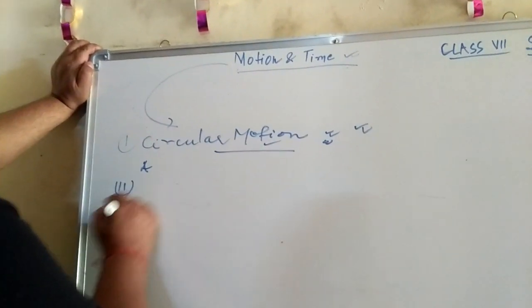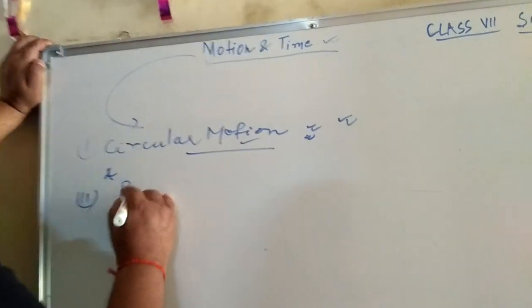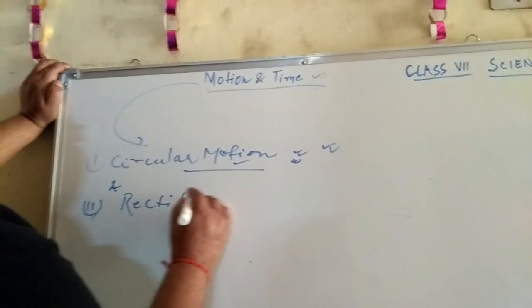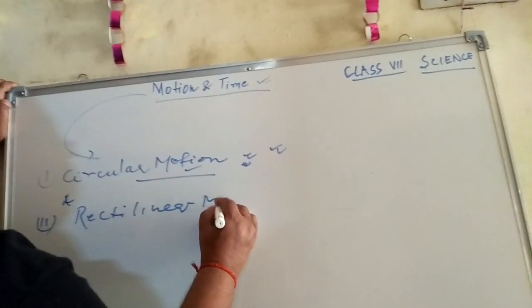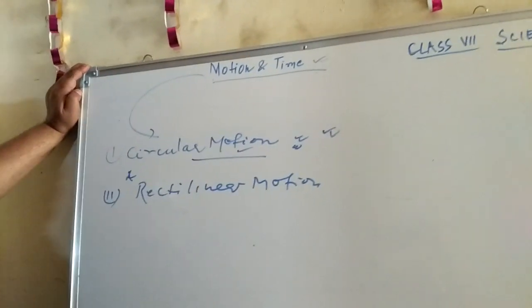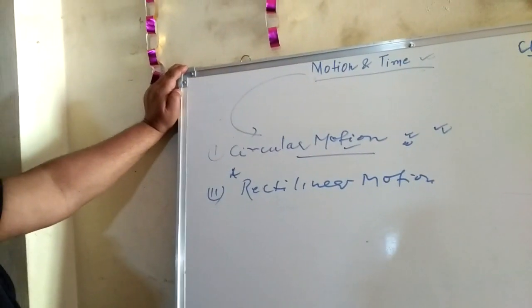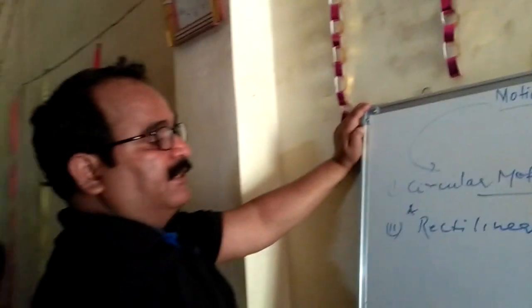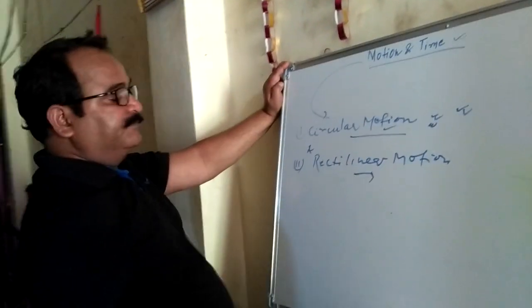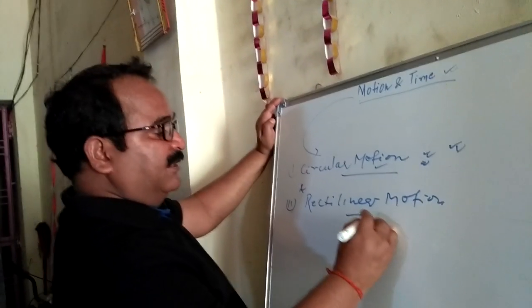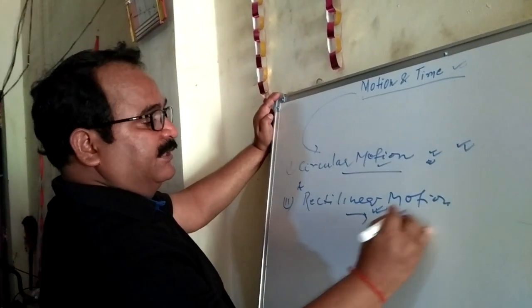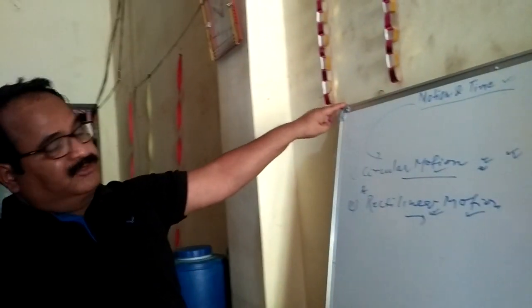Now one more motion is rectilinear motion. It is a very common motion. If a body starts to move and its path is a straight line, then that motion is called rectilinear motion or linear motion.